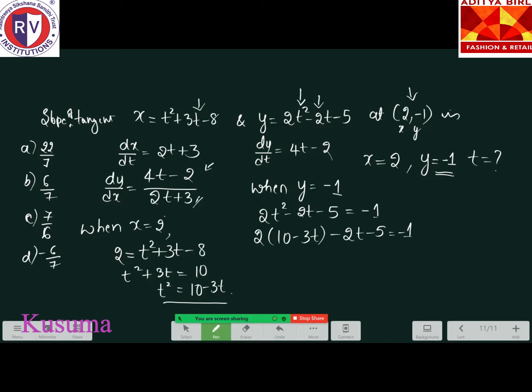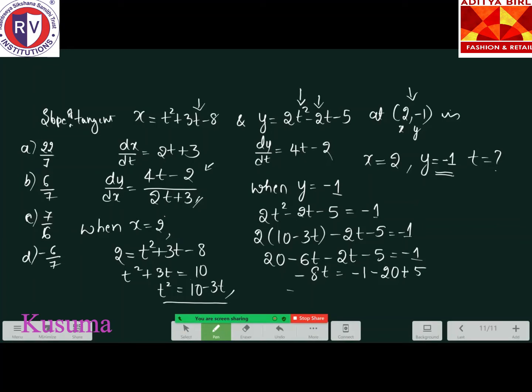Okay. So let us simplify this. This will be 20 minus 6t minus 2t minus 5 is equal to -1. Let us take all the constants to one side and simplify. This will be minus 8t equals -1 minus 20 plus 5, right?